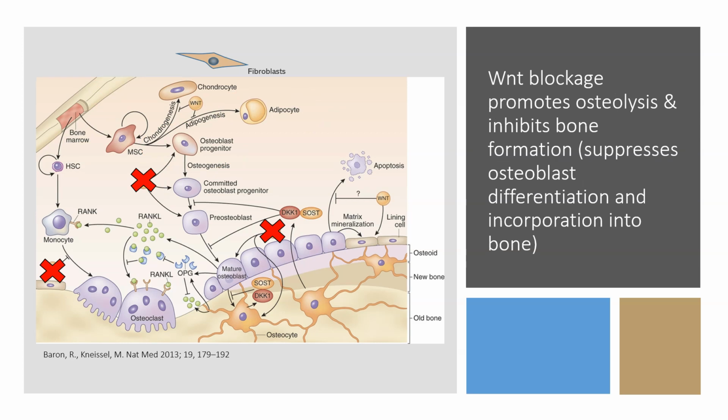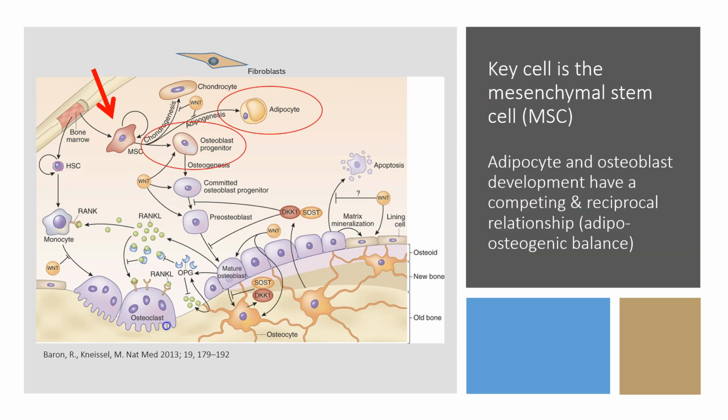So you'll see the Wnt pathway is a blocker of osteoclastic activity, and if you block that, then you have free osteoclastic osteolysis. You'll also notice that the Wnt pathway is involved in the maturation of osteoblasts, and that too is blocked.